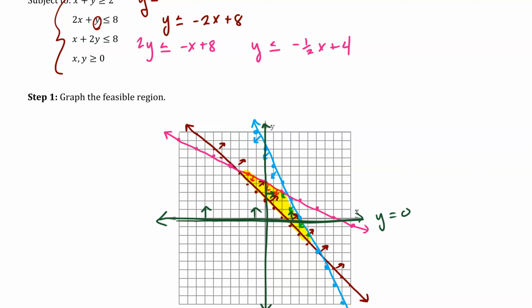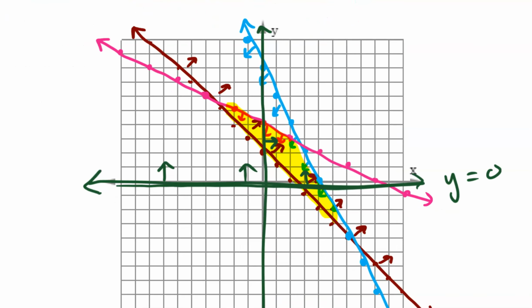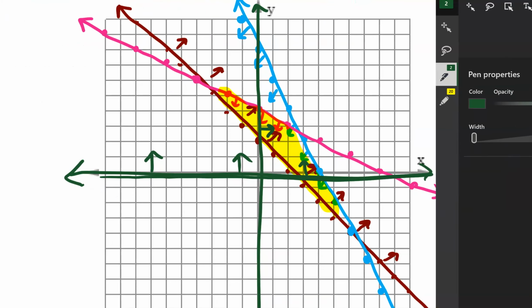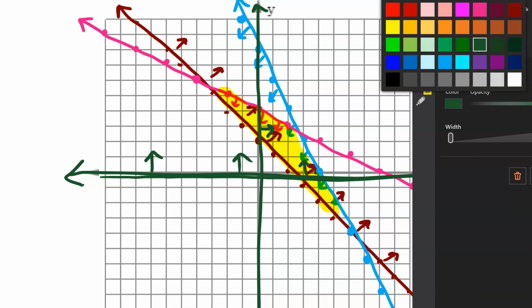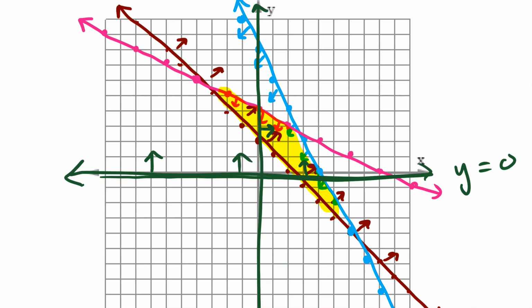So finally, let's zoom in a little bit so we can take a look at this. We have our feasible region marked by some corners. So here's a corner here, a corner here, a corner here, not as exact, and a corner here.